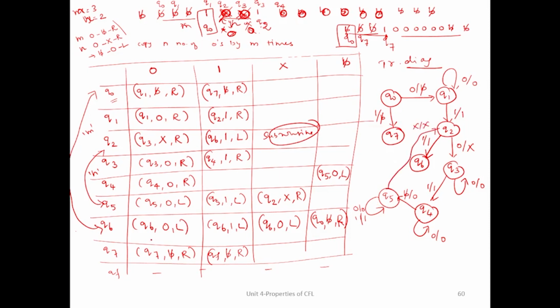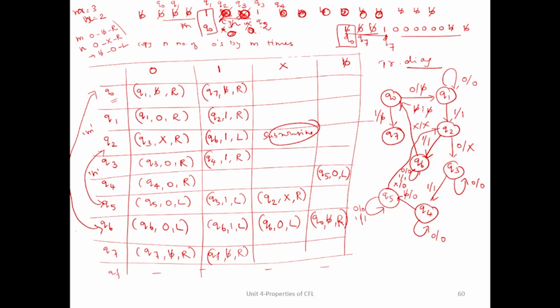Okay, then Q6. So here Q6 is available. It is repeated for 0 and 1, for these two symbols, and X is changed as 0. If it reads blank space, then it will go to Q0 state.